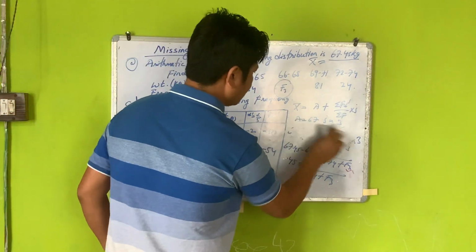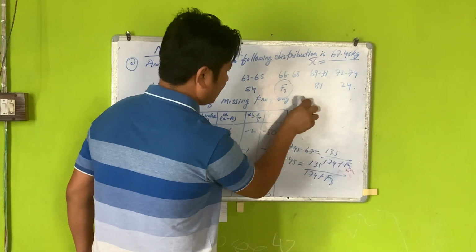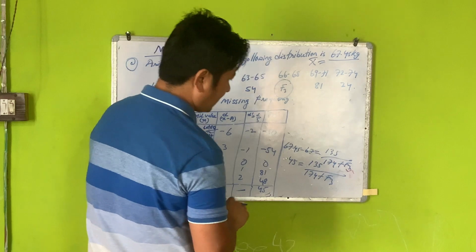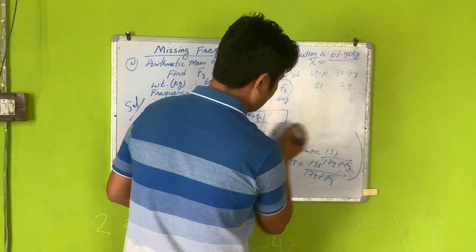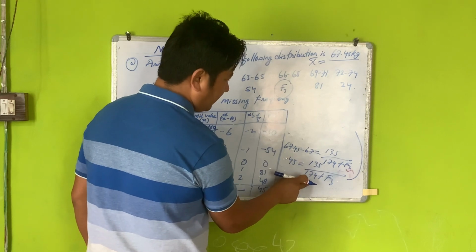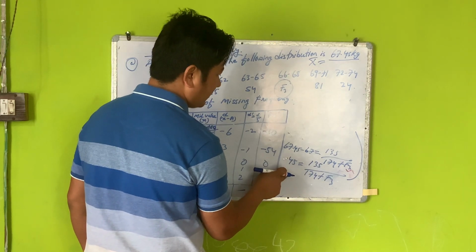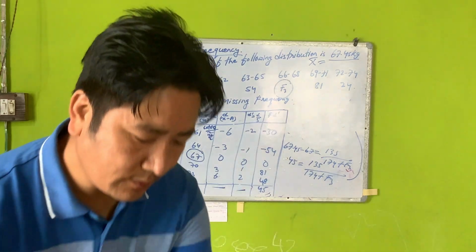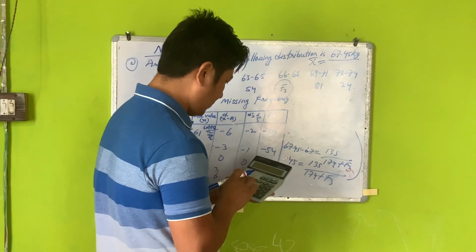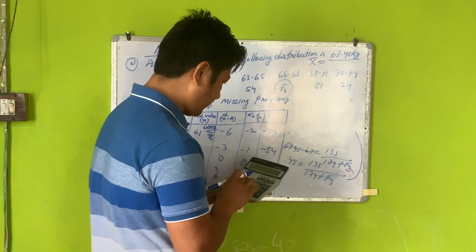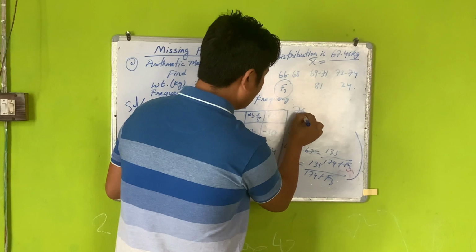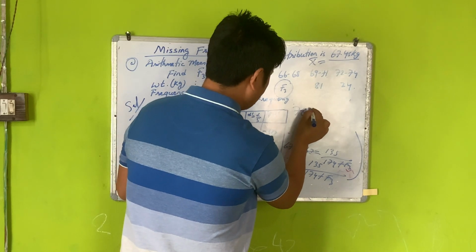I am writing this here. So you cross multiply now. 174 into 0.45 is equal to 78.3.